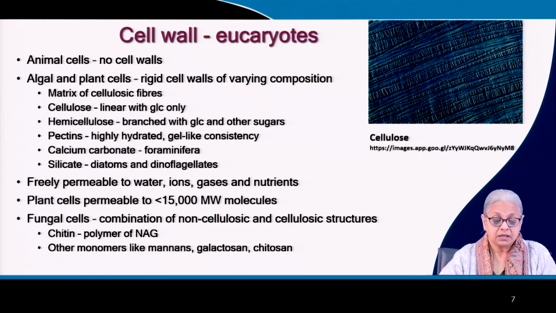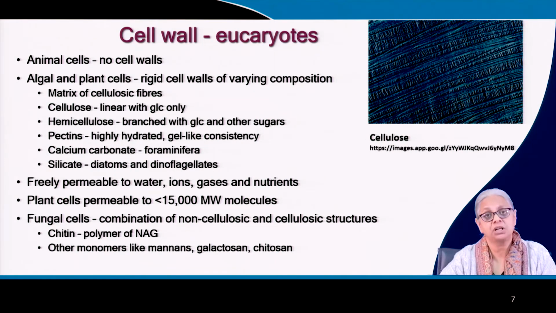Plant cells allow even large molecules, up to 15,000 molecular weight, to permeate through their cell walls. That's how plant cells are able to absorb nutrients from their environment through the root zone.